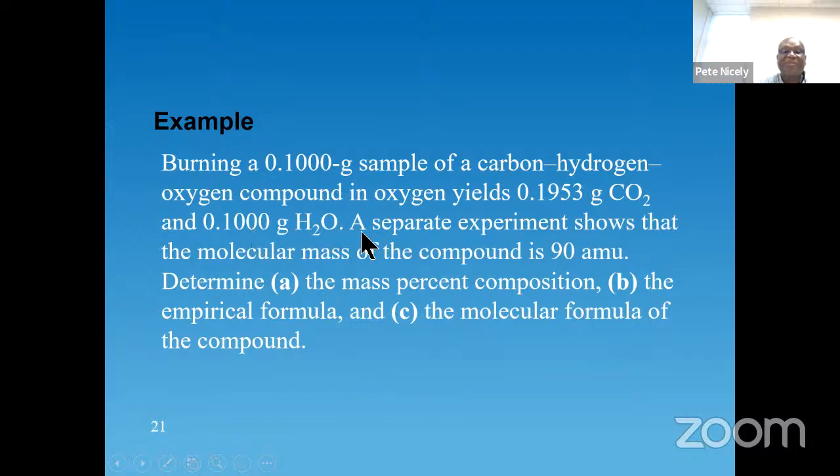A separate experiment shows that the molecular mass of the compound is 90 AMU. It says determine A, the mass percent composition, B, the empirical formula, and C, the molecular formula of this compound, all right? So let me warn you that the solution for this problem is pretty long.